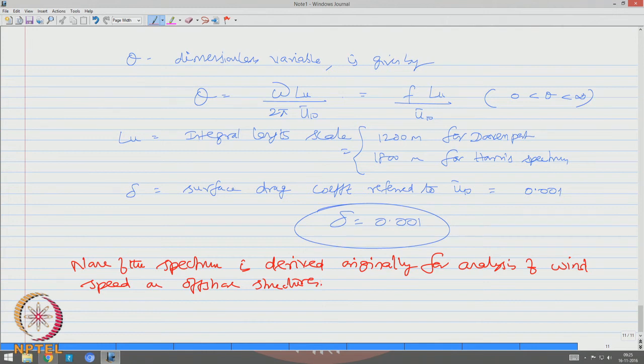Then one may ask me a question, they are derived for what kind of structures? They are derived for land based structures. So, this can be seen as one of the important complexities which may arise in inaccurate estimates of wind forces on offshore structures. So, this can lead to further complexities.